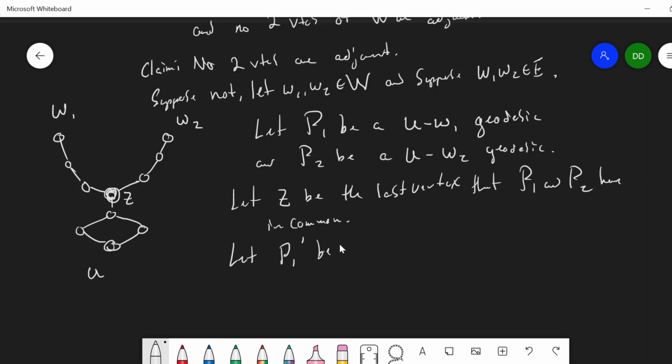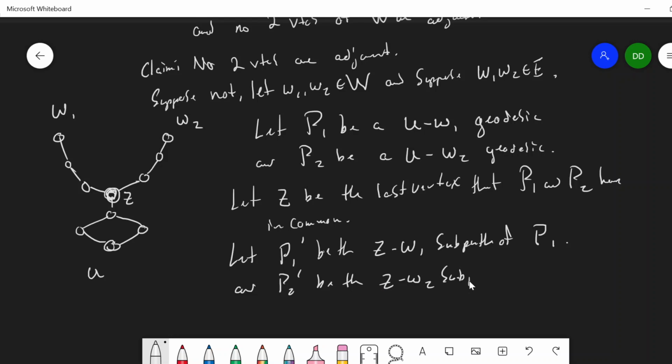Let P1 prime be the Z W1 subpath of P1, and P2 prime be the Z W2 subpath of P2. So this is P1 prime, and this is P2 prime.